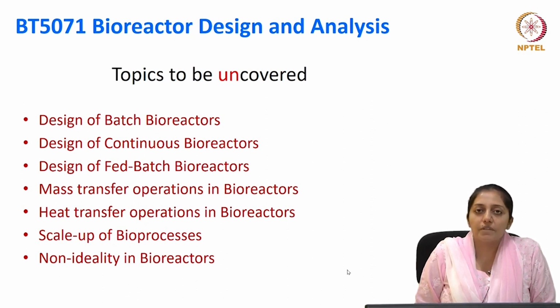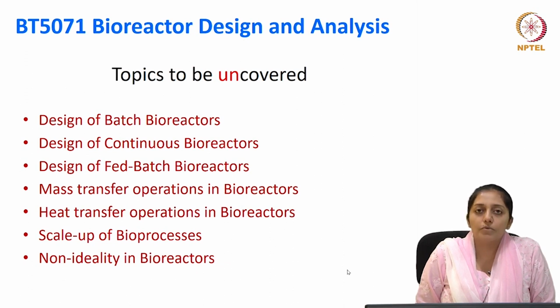So the topics which we are going to cover in this course include design of batch reactors, then continuous reactors, design of fed batch reactors, and mass transfer operations which take place in bioreactors.